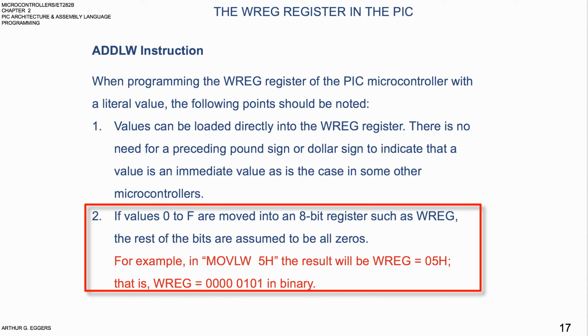You can see here, for example, if we moved a literal 5H, we assume that to be a 05 hex in the register, and in binary notation you can see that the most significant bits 0000 are actually there as a binary number.